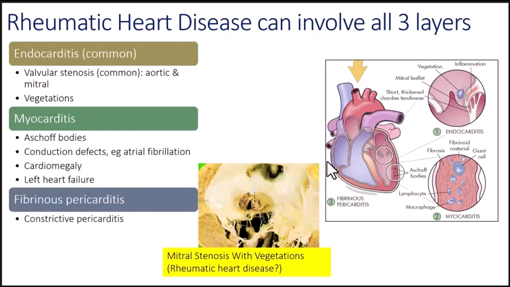Finally, it can penetrate the pericardium, that outer layer, causing what's referred to as fibrinous pericarditis. And this is where you have so many fibrin deposits that it really is similar to constrictive pericarditis, as we spoke about before, because it's constricting the heart and its normal ability to pump.